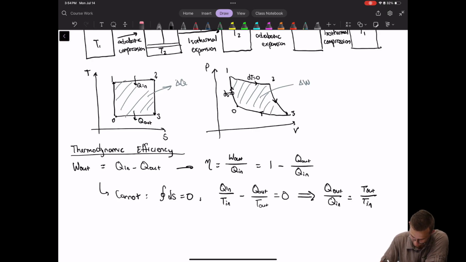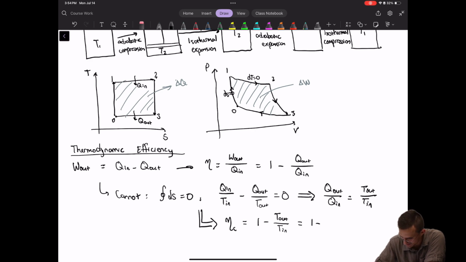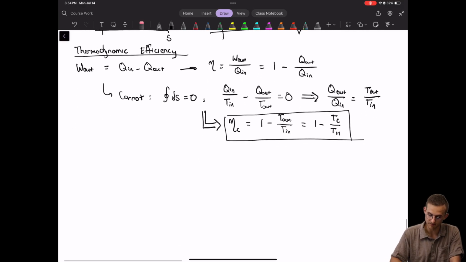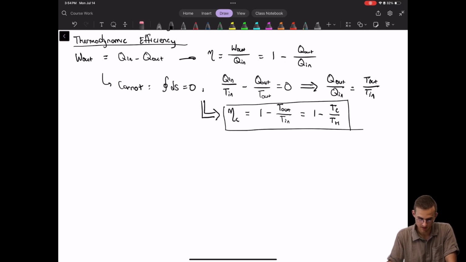And then what you end up with for the so-called Carnot efficiency is 1 minus T out over T in, or in other words, 1 minus TC over TH, the ratio of the cold bath to the hot bath. And remember how I said Carnot intuited this efficiency by thinking about caloric, but this is the proper way of doing it, actually integrating over the thermodynamic processes. Okay, so that's your most efficient canonical thermodynamic process.